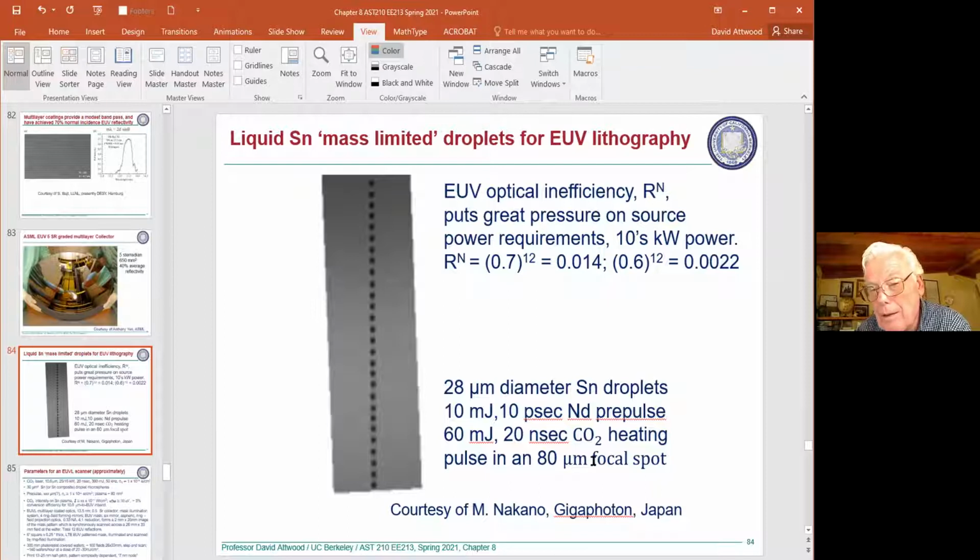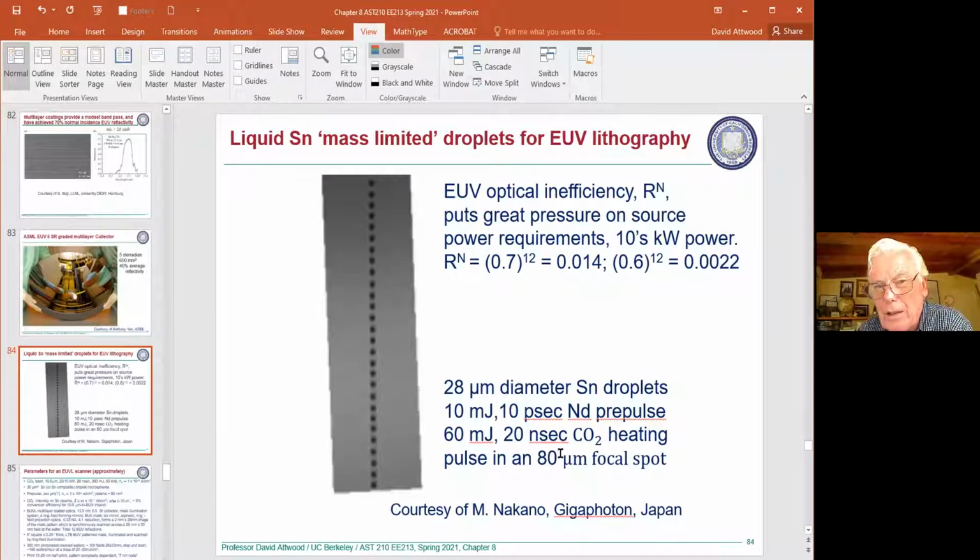Why an 80 micron focal spot? Well, it's because this thing expands. And actually, the expansion starts early by a pre-pulse. The pre-pulse is there for two things. Focusing a CO2 laser to smaller than 80 microns is really difficult. For a high power CO2 laser pulse, you can't do it. This is what you can do.